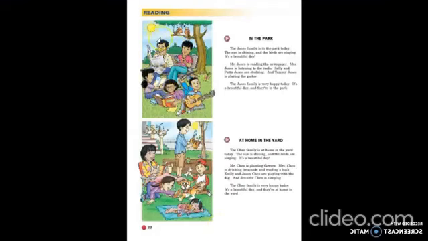Okay, on page 22, this is just a reading. We have the reading in the park and at home in the jar. Please, I'm going to give you 1 minute so you can read this paragraph. And later you are going to answer your reading comprehension by yourself.